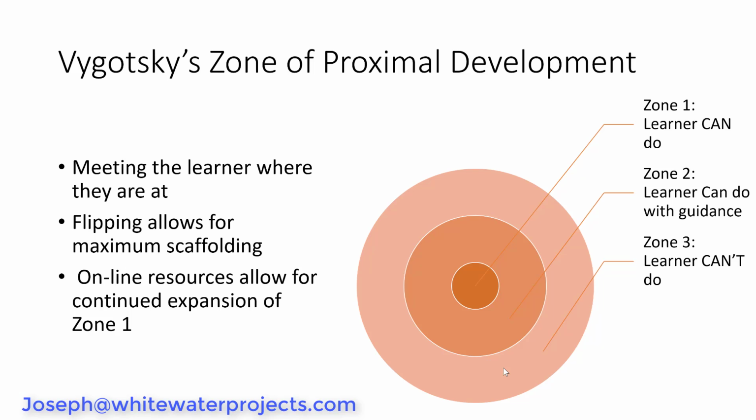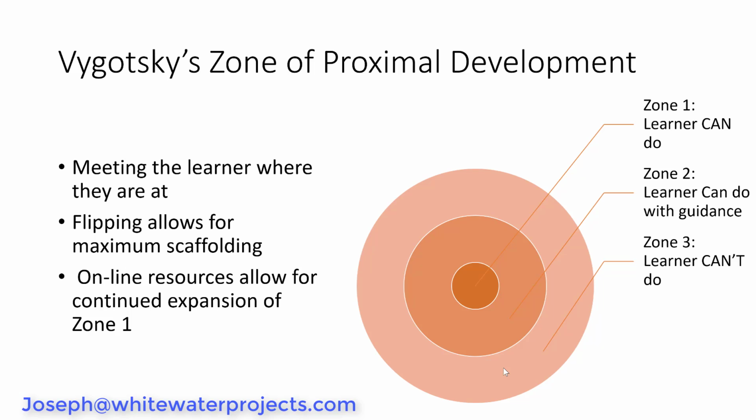Meet the learner where they're at. You can only learn what is in Zone 2 for you. So when you go to a class and someone teaches you everything there is to know about agility, some of that lies in the center Zone 1. You already know it. Some of that stuff lies in Zone 2. Stuff that you don't know, but it's close enough that you can grasp it.